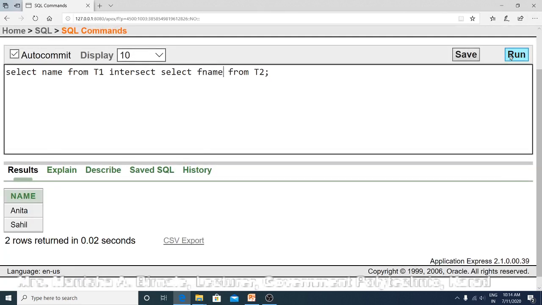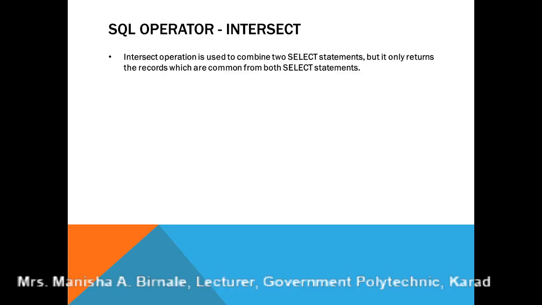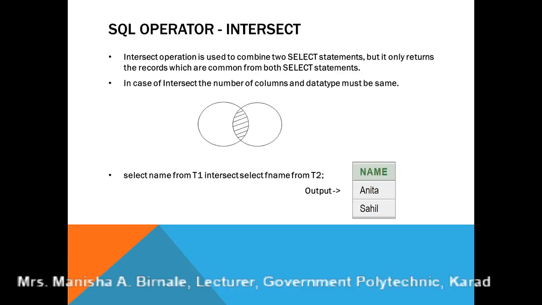So run this query. You can see only common values are displayed. Common values from both the results, Anita and Sahil. So this is the output.